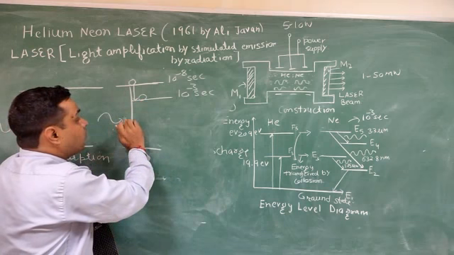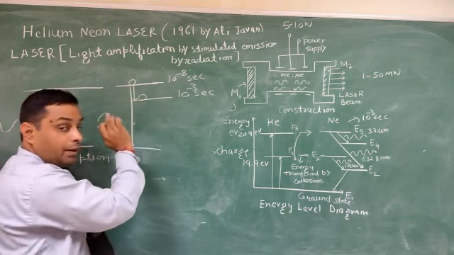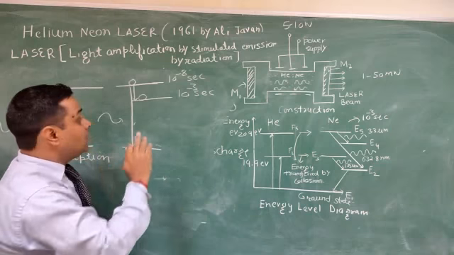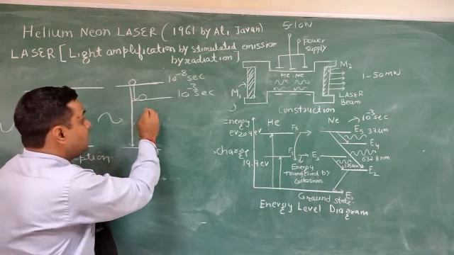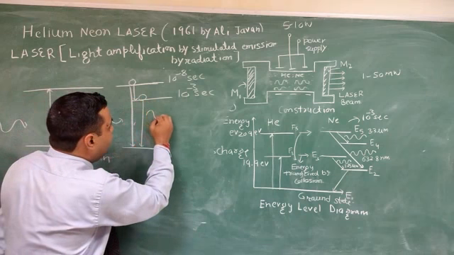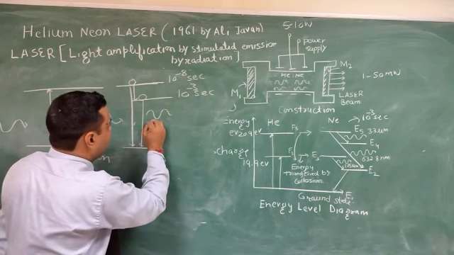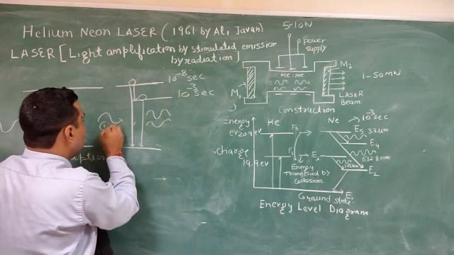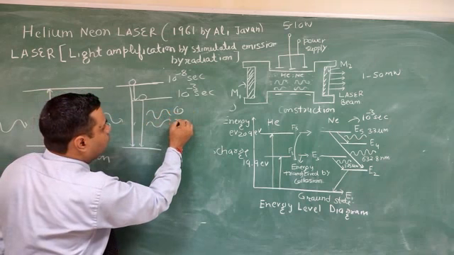When the external photon perturbs the atom, it comes back to the ground state, emitting the same photon, with the same energy. So here we get two photons.